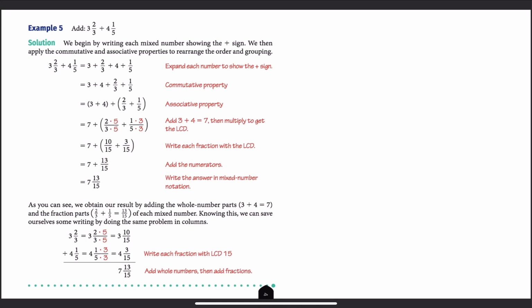So if we want to add 3 2/3 plus 4 1/5, then what I'll do first is I'll recognize the mixed number. 3 2/3 is really 3 plus 2/3.